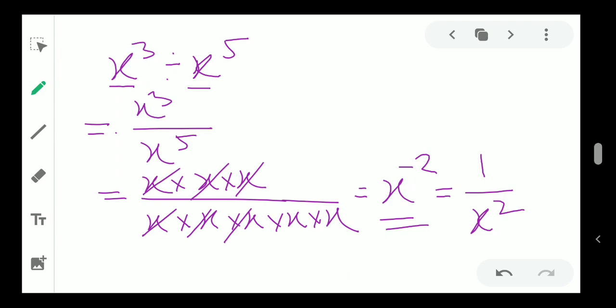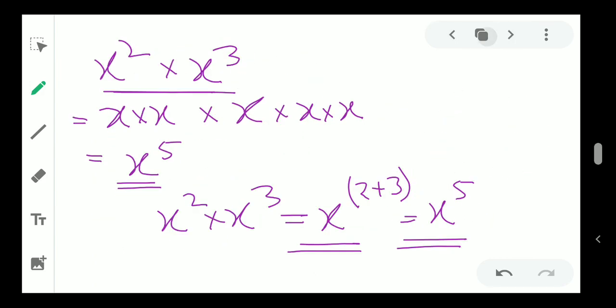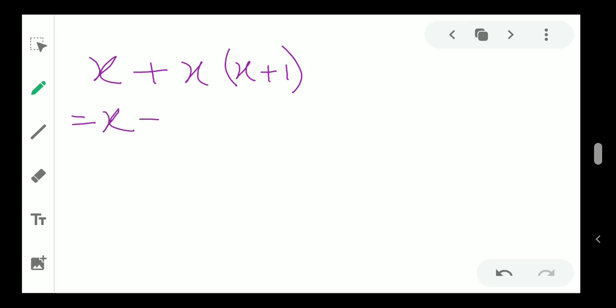Okay, coming to the next thing, that is why I was talking about the power, because to do multiplication we need this power knowledge also. So if I have something like this and I tell you to simplify it, you will write like this.